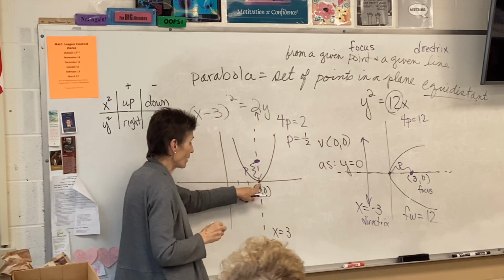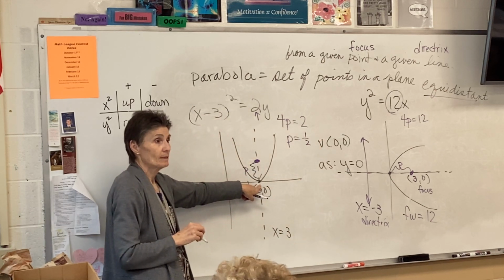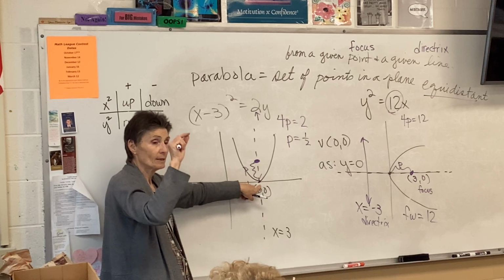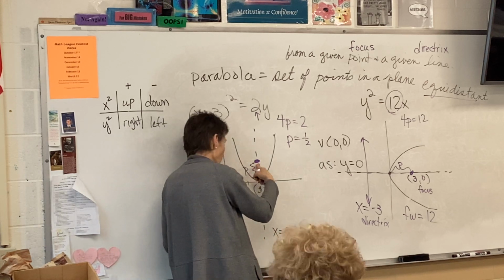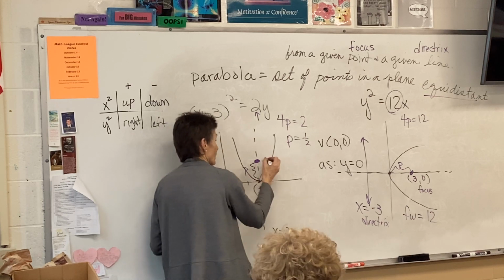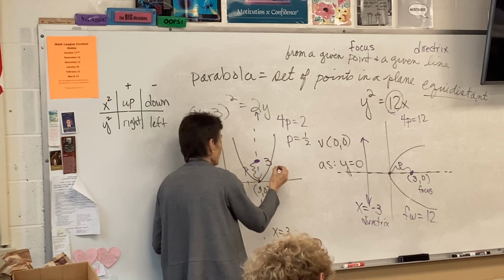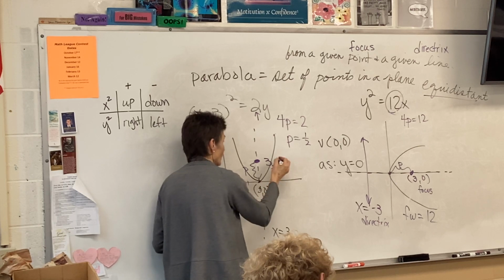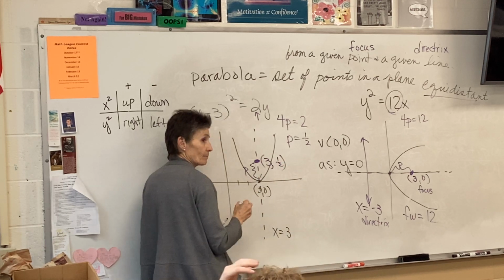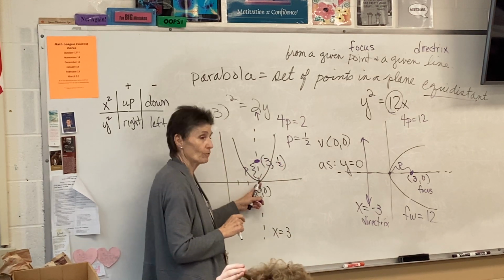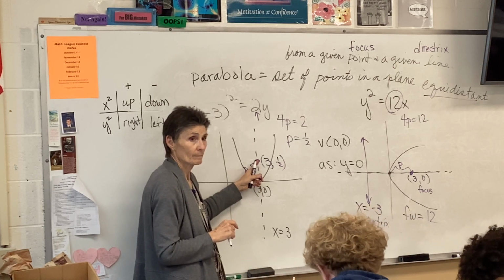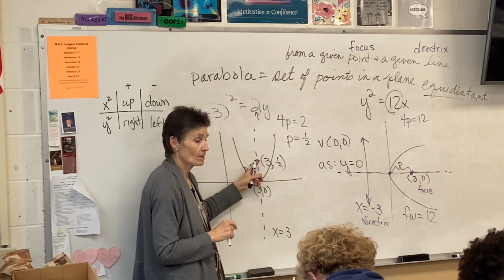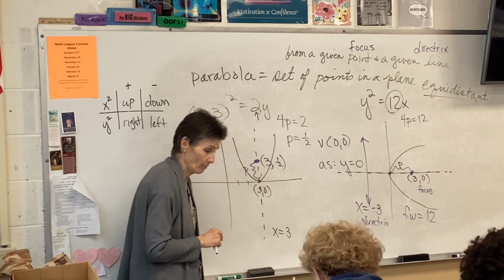So I'm going to start right here at my vertex, and I'm going to go up 1/2. So what will be this point if I go up 1/2? 3, 1/2. Isn't that point over 3 and up 1/2? Use the graph paper, it should help you.